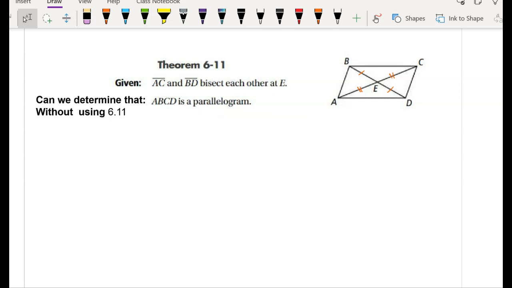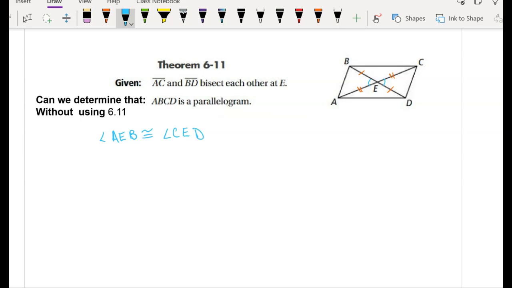Now we know a lot more than we think we do. So let's look. BEA is congruent to which angle? CED. Let's write that down. Angle AEB is congruent to angle CED.